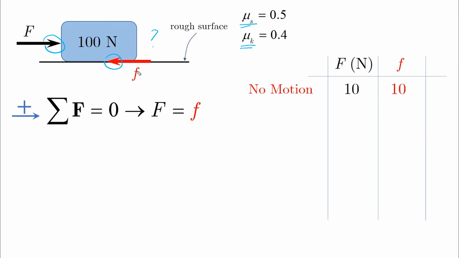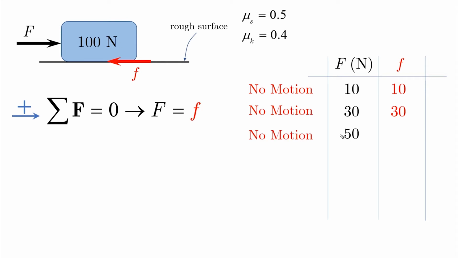And if we increase this force and no motion occurs, again, this means that the friction force is exactly the same as the applied force. It's a static equilibrium, nothing is changing. And if we do that one more time and increase the force to 50 newtons and no motion occurs, this means again that the friction force is in static equilibrium with the applied force.